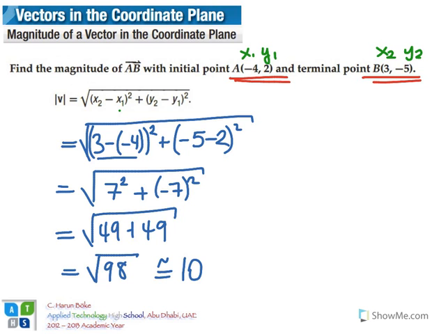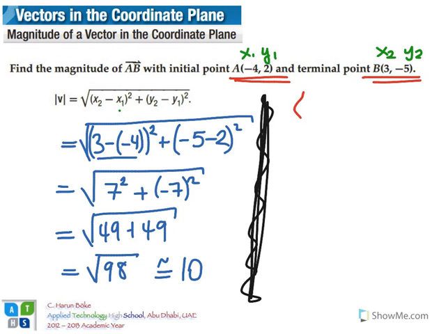If you have a component form of a vector, say it will be like find the magnitude of the vector with the component form being, let's say, minus 4, 7.